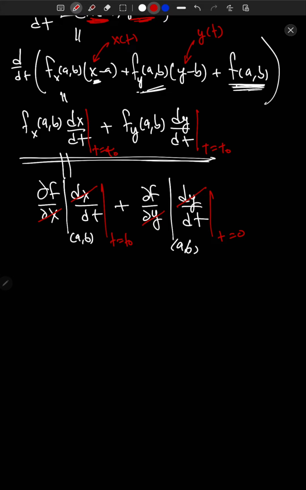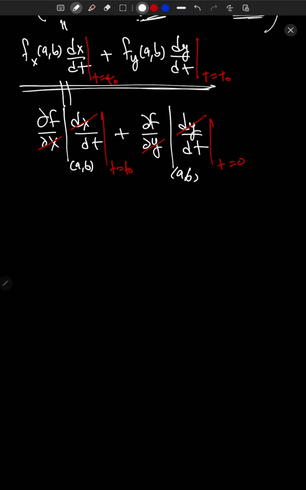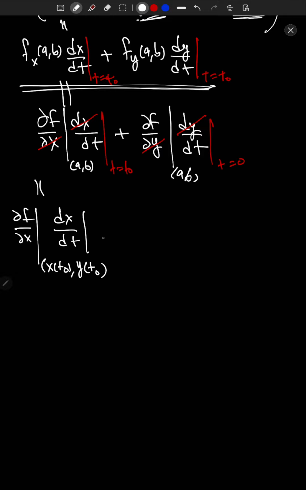This is the most careful version of what we want to compute. And let me make it even more messy, but more precise in a way. So (a,b), we said, was x of t naught, y of t naught. So let me actually put those in. So this is literally what you would be computing. And this final form looks kind of horrible, but it's nice in that everything is in terms of t naught.